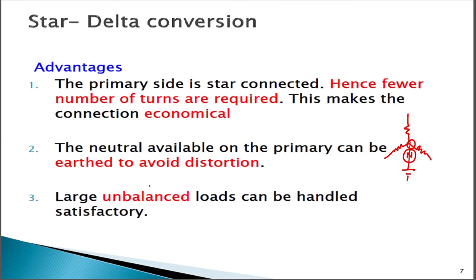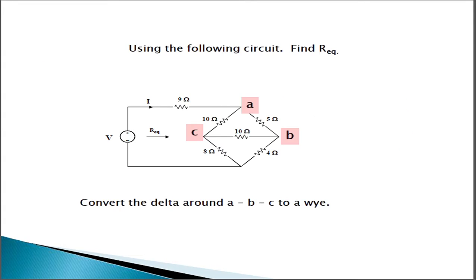Now the third point is large unbalanced loads can be handled satisfactorily. Now, what is an unbalanced load? Unbalanced load is if the circuit does not have a proper distribution of load in its edges. So we will talk about that later, but if the primary side is connected in star, it also helps with unbalanced load in the secondary side, right?